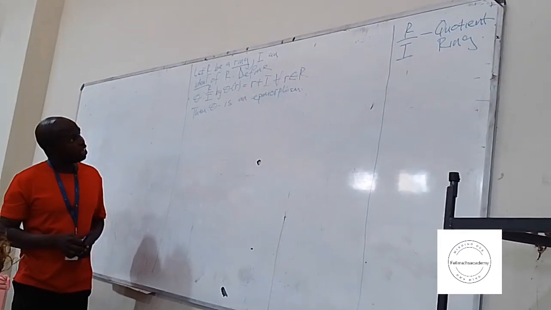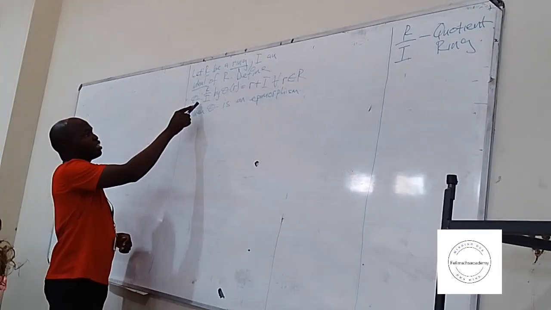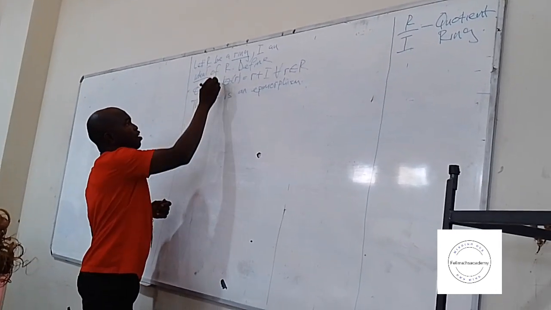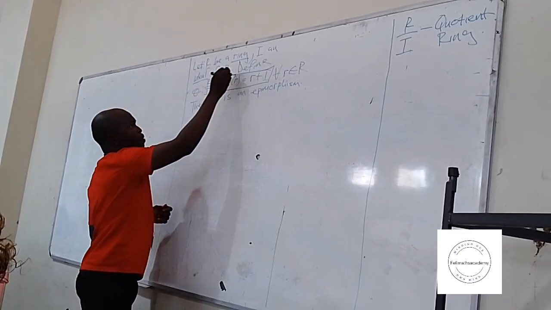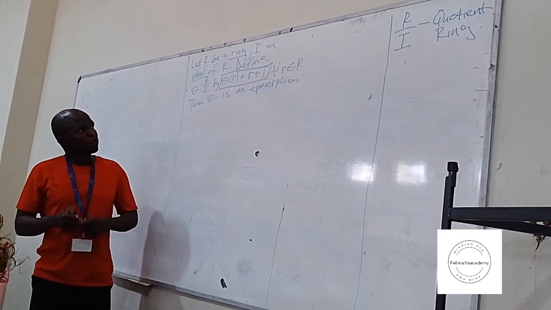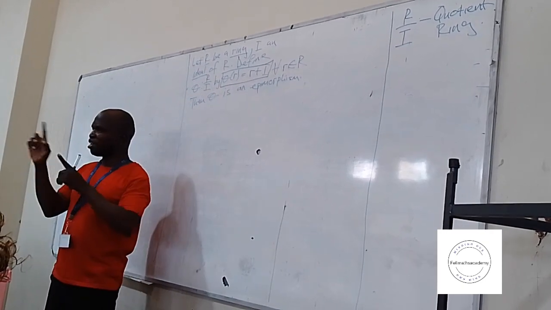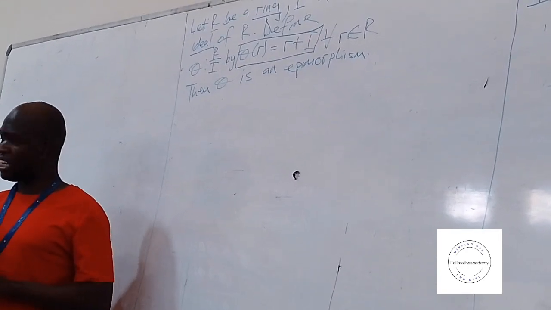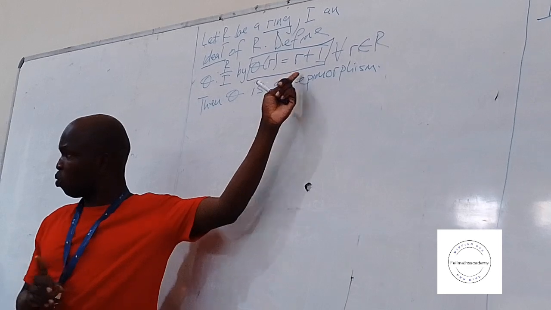We define that quotient ring by theta r is equal to r plus I. Whenever we are doing a proof, let us refer back to that rule.